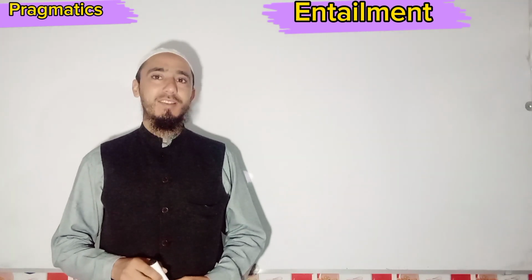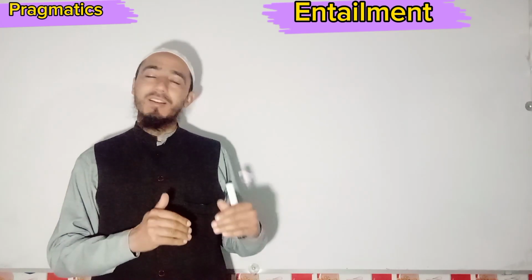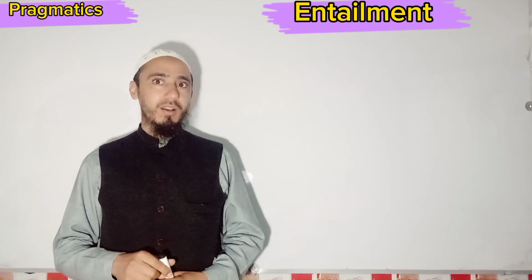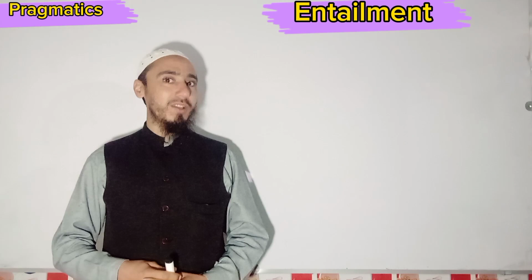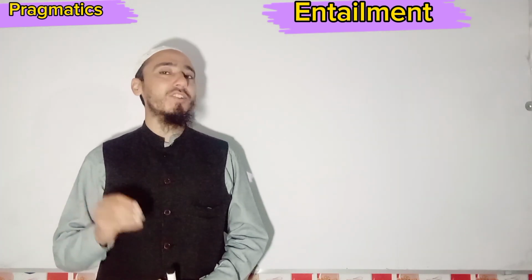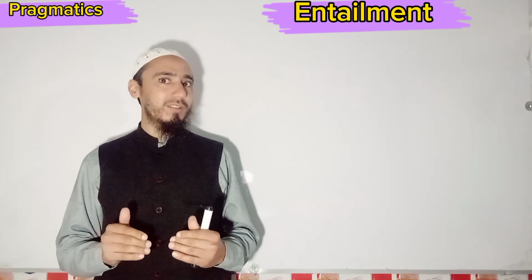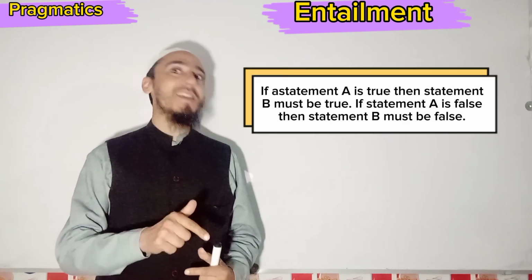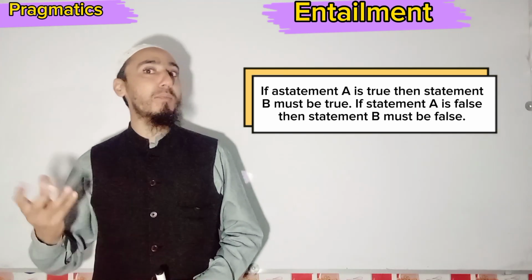Listeners and audience, the explanation of these two definitions as I shared with you are almost identical and similar to each other. The definition and explanation of entailment is that according to entailment, if statement A is true, then statement B must be true.